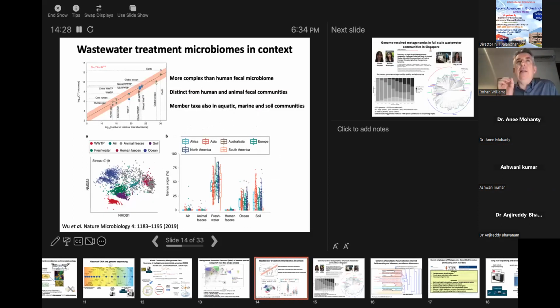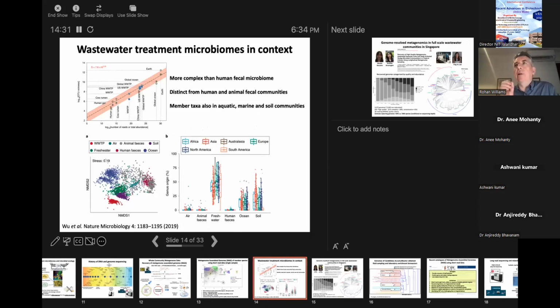And it's particularly difficult when you're dealing with really complex communities. And this is a point I'd like to make about wastewater communities, is that they are very, very complicated. This diagram comes from a beautiful paper in Nature Microbiology a couple of years ago. That's a consortium that analyzed wastewater treatment samples from all over the world with 16S sequencing.